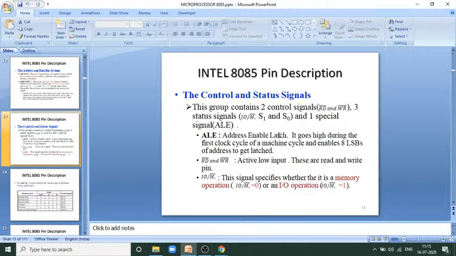This signal is basically activating a latch which is outside the microprocessor, and this latch is capable of demultiplexing the address data multiplexed bus.